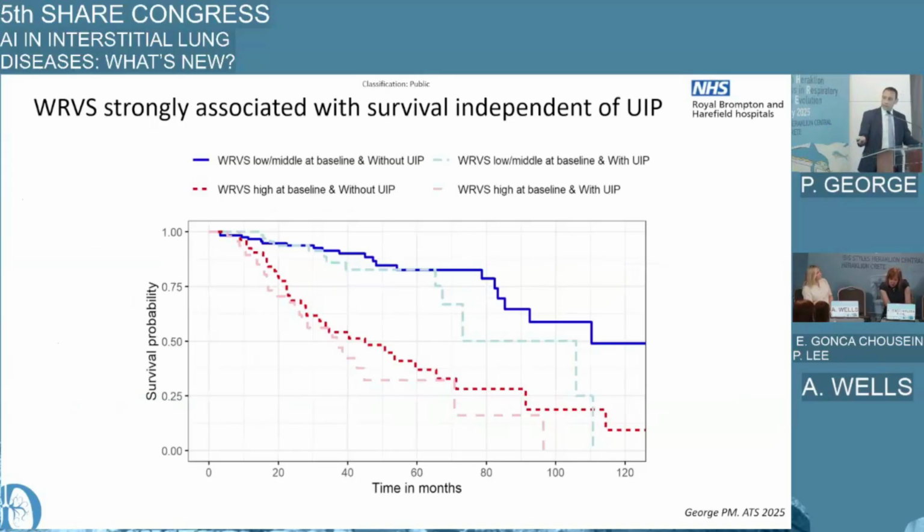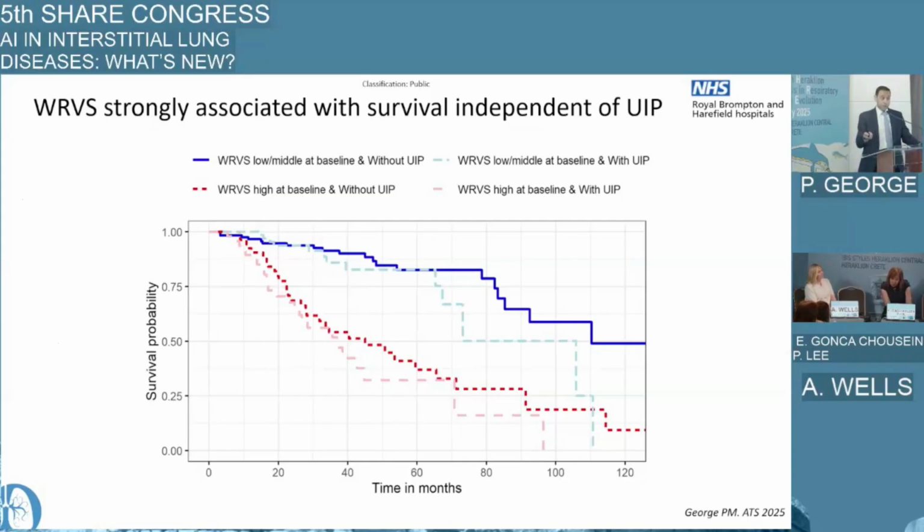I think this is quite interesting because the red lines at the bottom are patients who have a high WRVS, and either UIP or not UIP. So at the bottom red line, these are patients who are doing very badly. It's again extent of disease as measured using the weighted reticular vascular score, which is driving the outcome signal here.